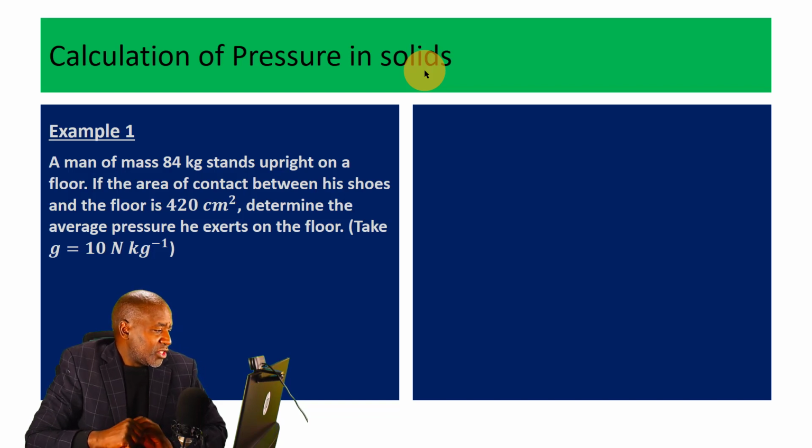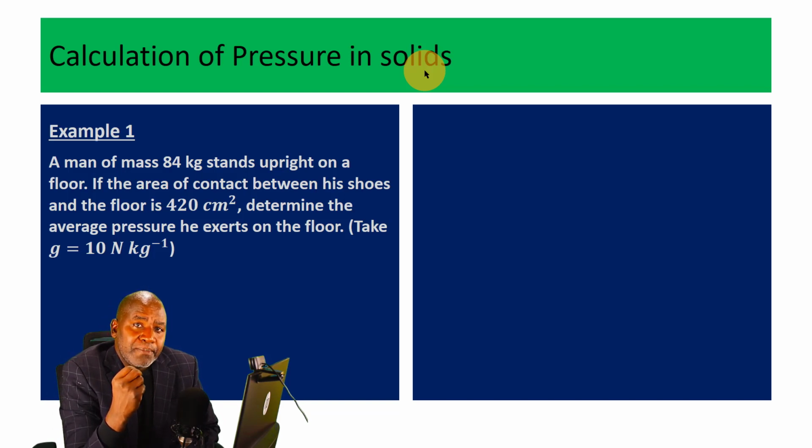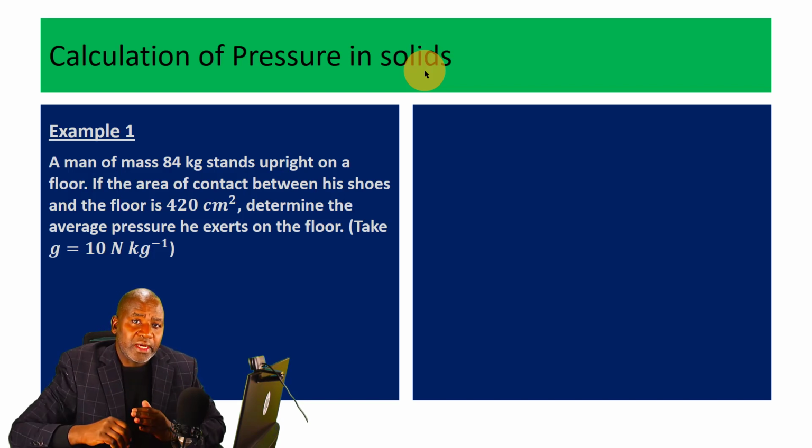So let's go into this first example here. This question is also found in your course book, but I'd like us to try it out first. When you see that examples have been given in your course book, usually don't go straight into looking at how they have been worked out. This is a trick that I usually teach my students.